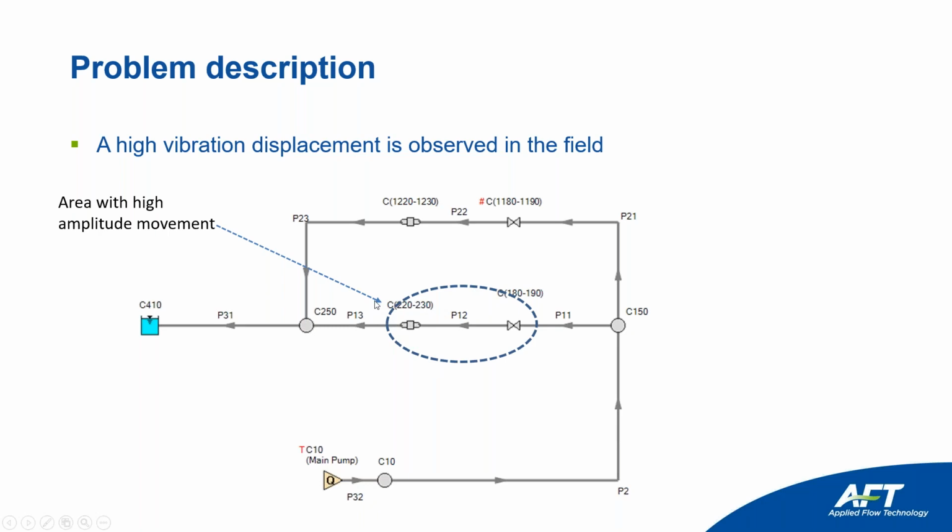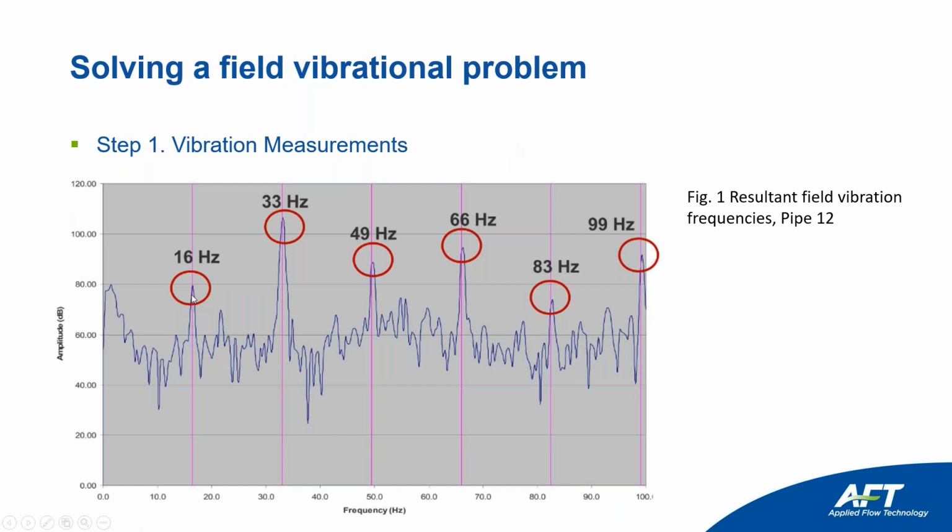We go to the field and measure, and we see that the highest vibrations are at 16 hertz, 33 hertz, 49 hertz, 66 hertz, 83 hertz, and 99 hertz. These are the main frequencies driving all the high displacements that we are observing in pipe 12.